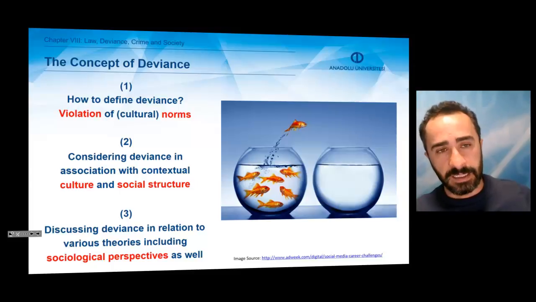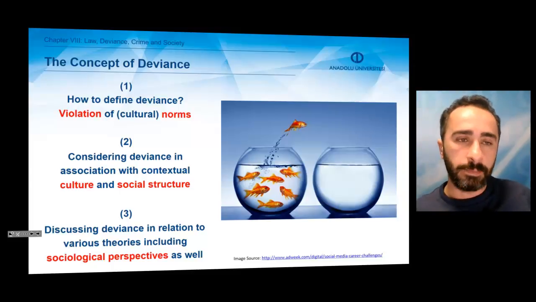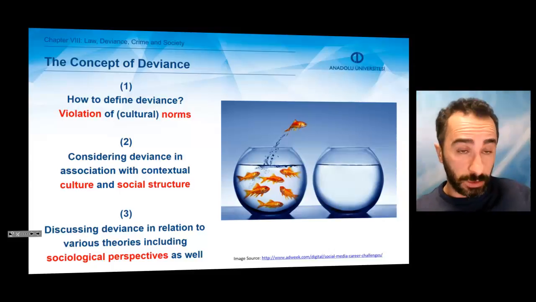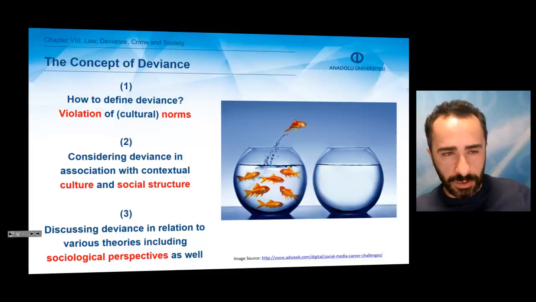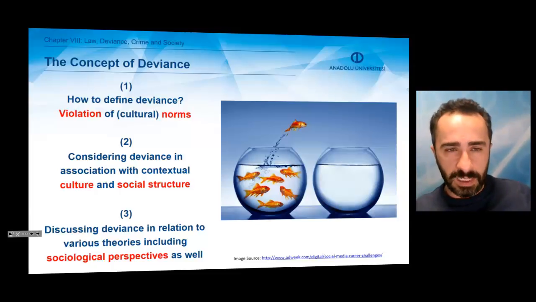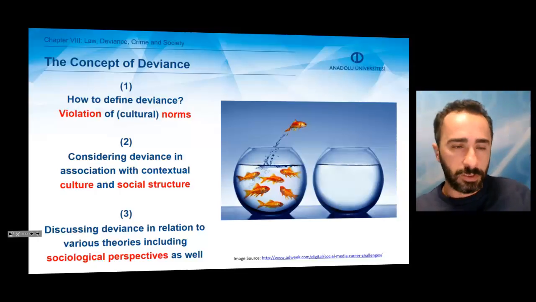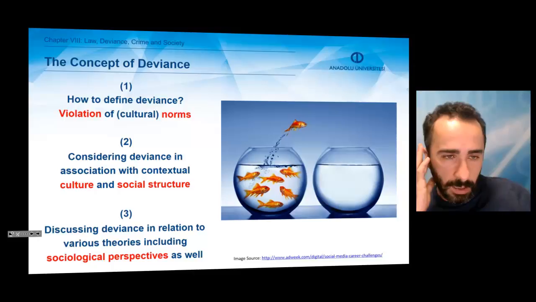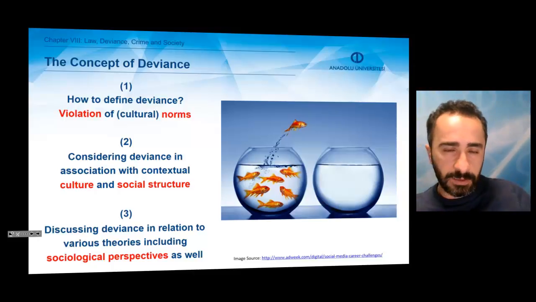Deviance here is closely related to the social structure and the culture that has emerged as a social phenomenon. Deviance depends on cultural norms. In the context of social life, the defining process of the norm and the violations of the rules also include the social power.